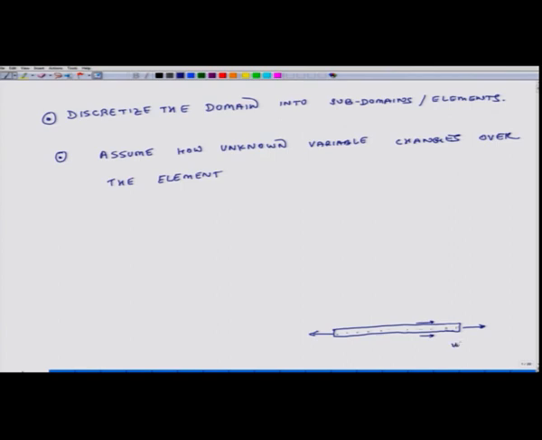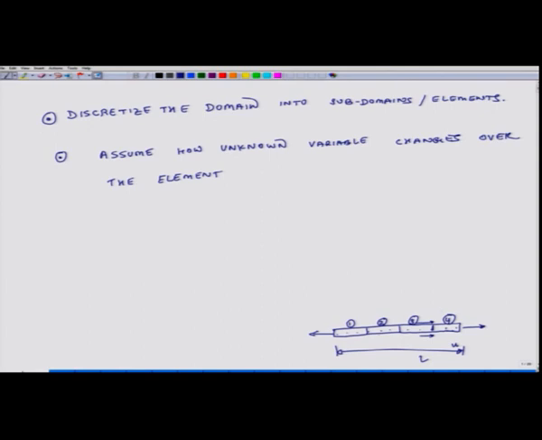So, my unknown is u, which is the displacement in the direction of pulling of the rod, and I am interested in finding the displacement at all internal points in the rod. The overall length of this rod is, let us say, L, and I will break this overall domain into smaller sections. In this case I have broken it into 4 different elements: element number 1, element number 2, element number 3 and element number 4. So, this is the first thing.